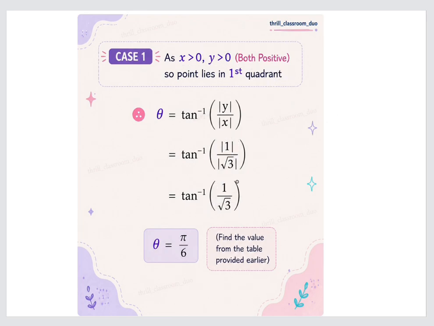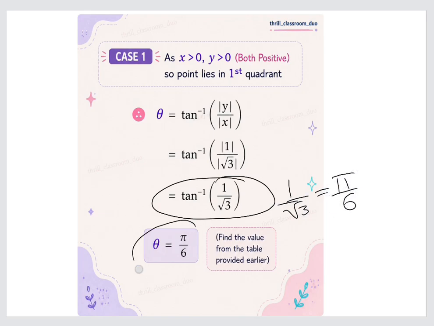And when you go back to the table, you can see that the value of 1 upon root 3 is pi upon 6. So therefore, the value of theta gives us pi upon 6.